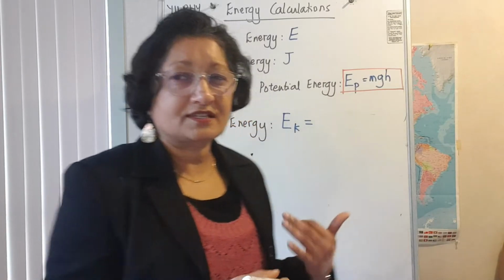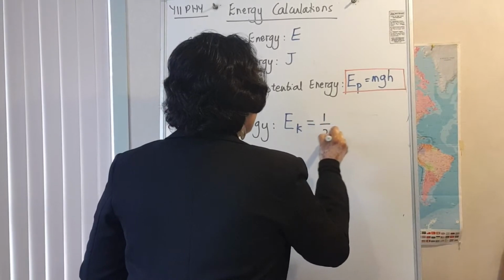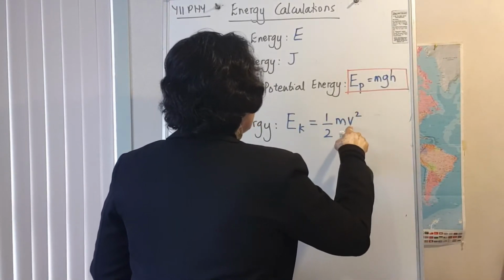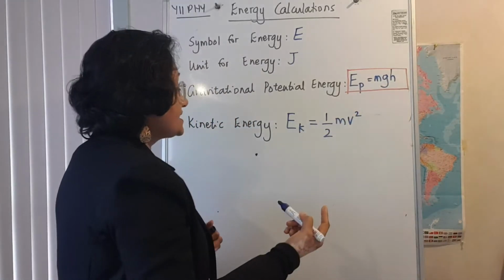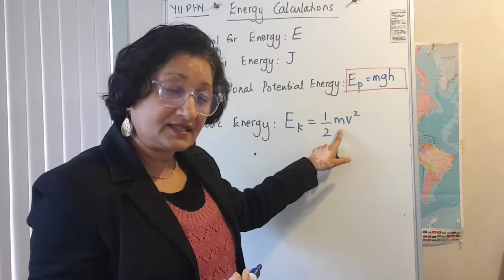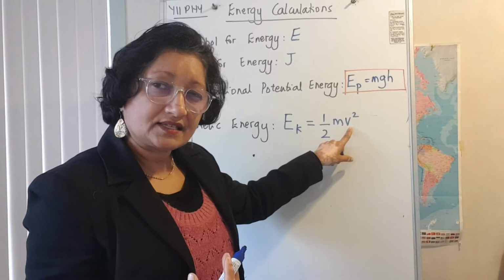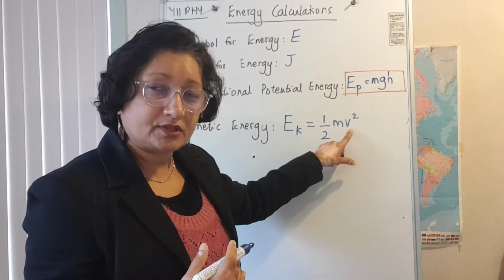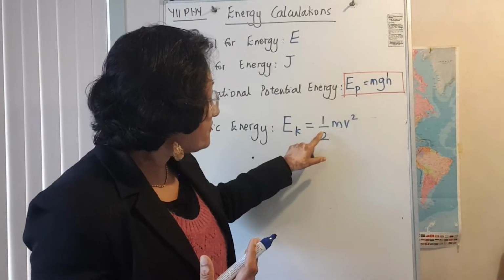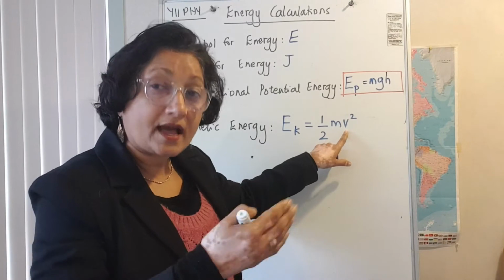Now the formula is a bit different from what you've probably seen before. So it's half m, which is the mass, times v squared. That means it's speed squared. So if the mass was 10 kilograms and the speed was 2 meters per second, when we substitute and put this into our calculators, it's half times 10, which is the mass, and if the speed is 2, you go 2 times 2.